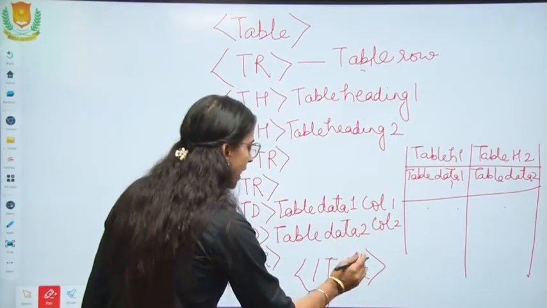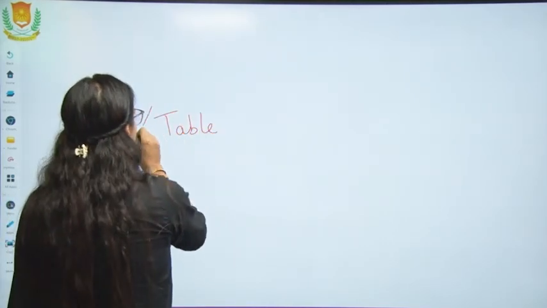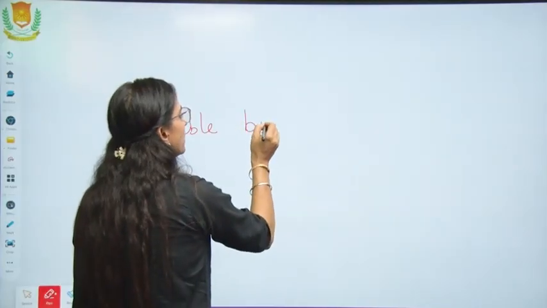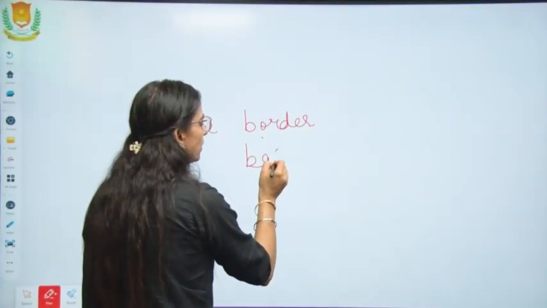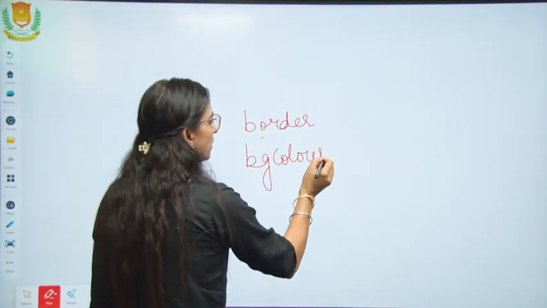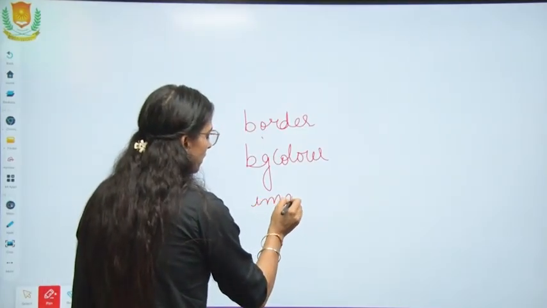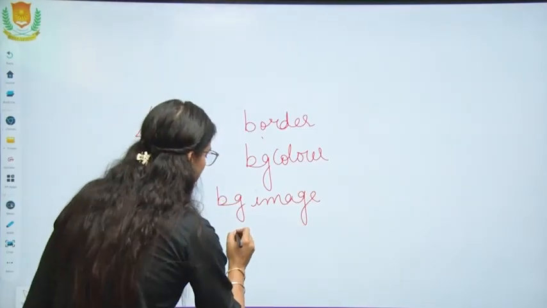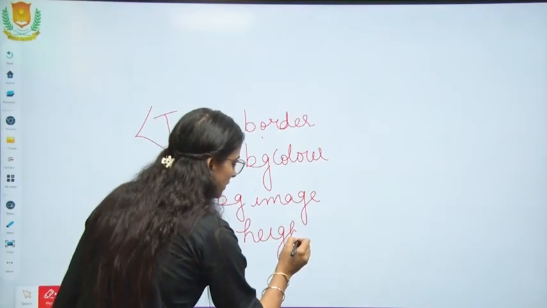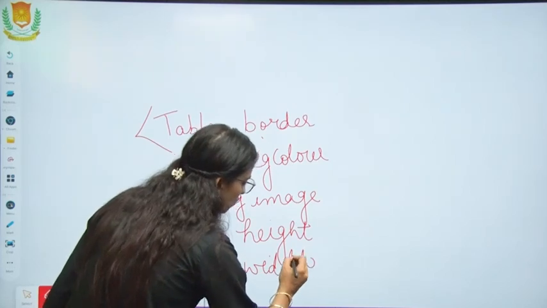Then we have some attributes of the table tag which we have discussed here. Attributes are like border, background color, then background image can be used, height, width.